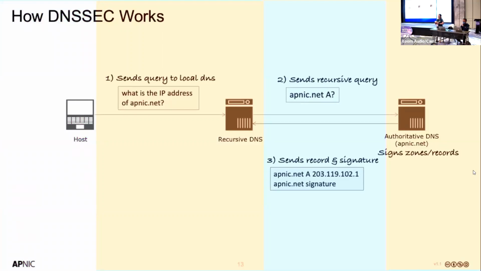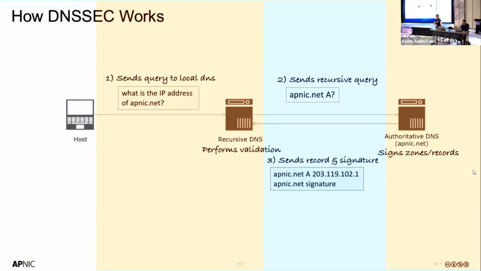So it provides information about the record. In this case, it asks for an A record. It provides that. It also provides a corresponding signature for that record. Remember, you have the data or the record, and you have the signature of the data. And that together will be sent to the recursive DNS, which then performs what we call validation.